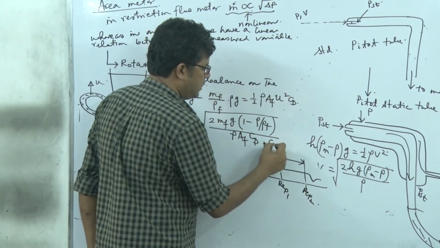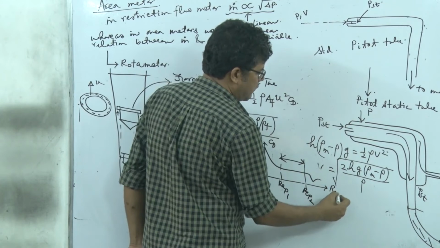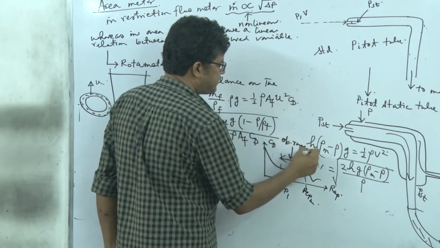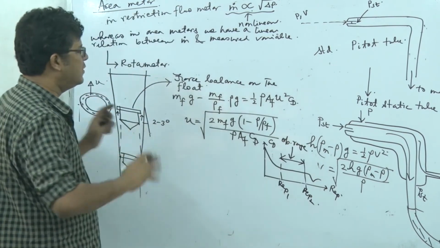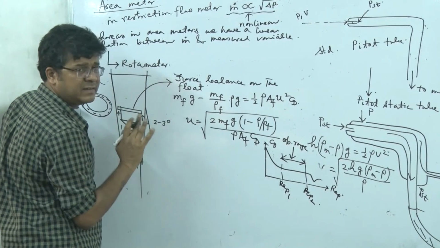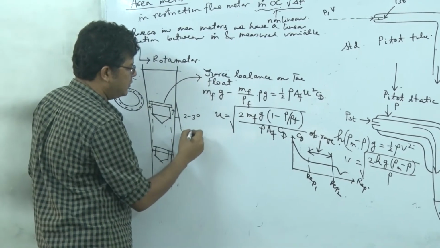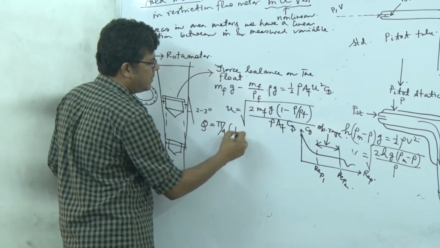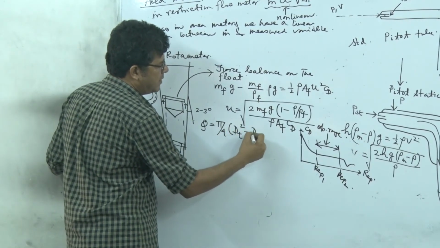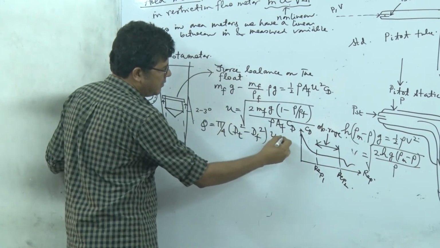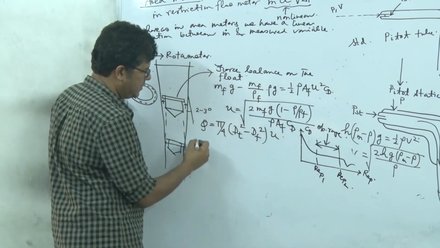So this is the CD by REP plot we have discussed. So this is the operating range, right? So once we have justified this U to be constant, now you see that Q is equal to pi by 4 times (tube diameter minus float diameter) square multiplied by U, and U is constant.